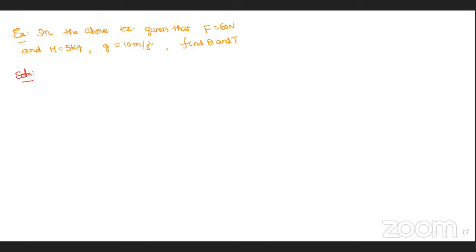Lakshmi Gayatri, tan inverse 6 by 5. Yeah, exactly, correct. Tan theta equals F by mg, that is 60 by 5 into g is 10. So tan theta equals 6 by 5, so theta equals tan inverse 6 by 5. Very good.